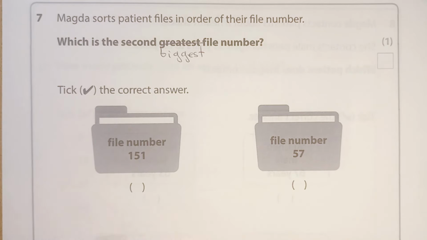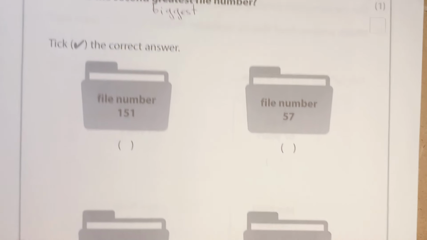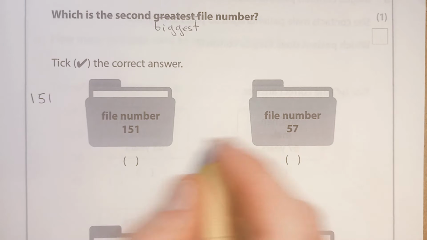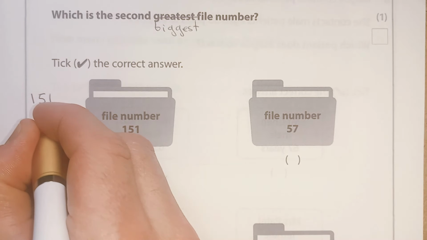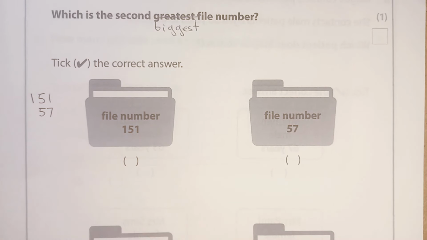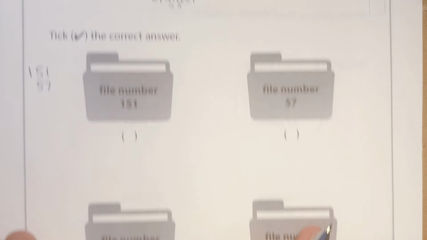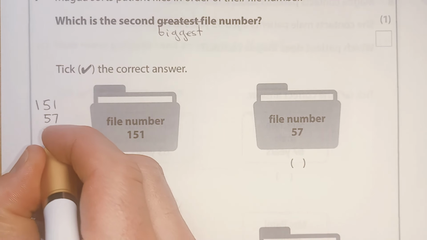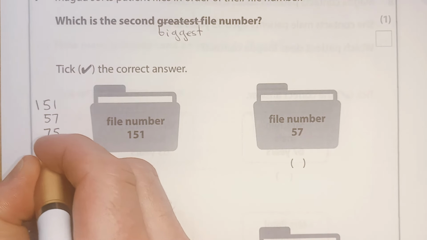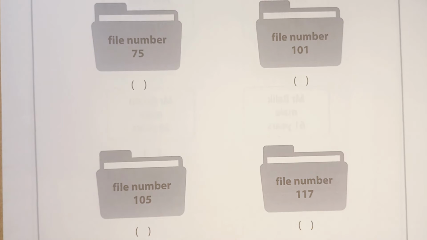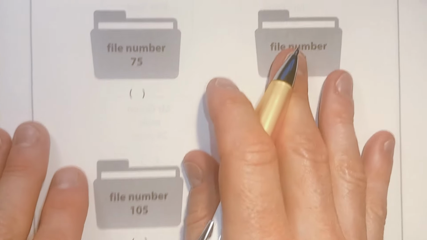In fact, I'm going to write them all out because we've got quite a few on the page here. So we've got 151. We've got 57. And I'm lining up my units and my tens. We've then got 75 and 101. And then down at the bottom, we've got 105 and 117.